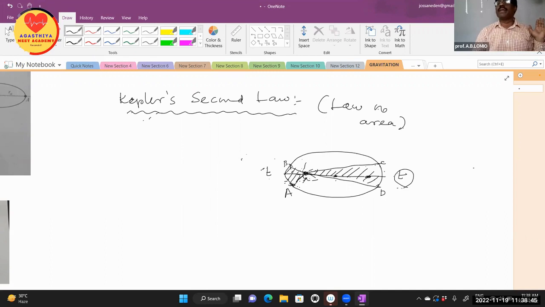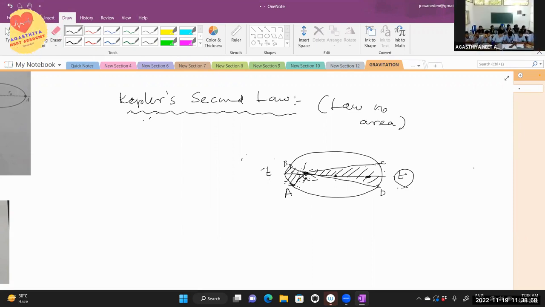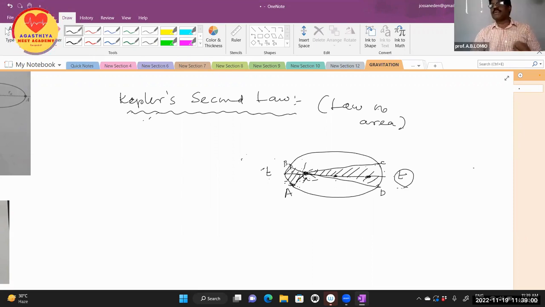That is the law of area. The statement is: the area swept by the radius vector drawn from the sun to the planet will be equal for the same time period. Understand?